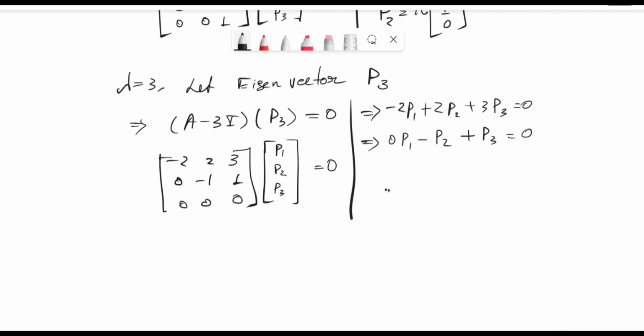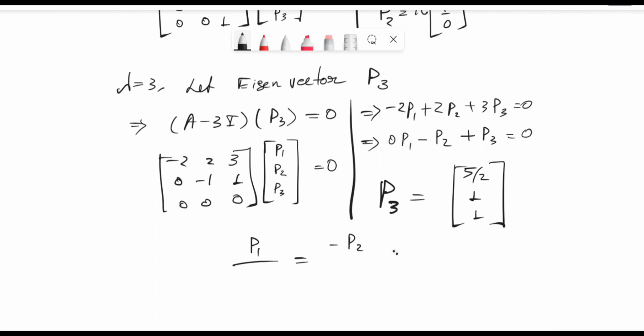Solving this using the method, with p2 equal to p3 equal to k, we get capital P3 equal to [5/2, 1, 1], that is, 5, 2, 2.